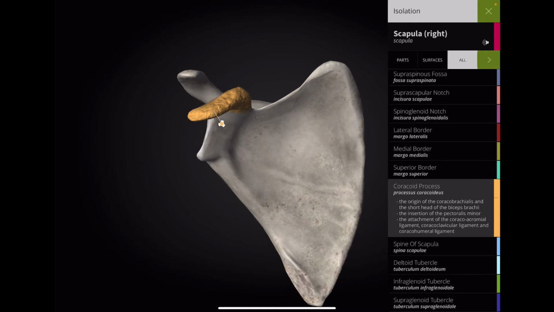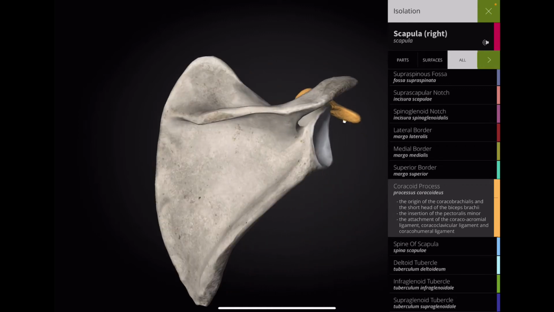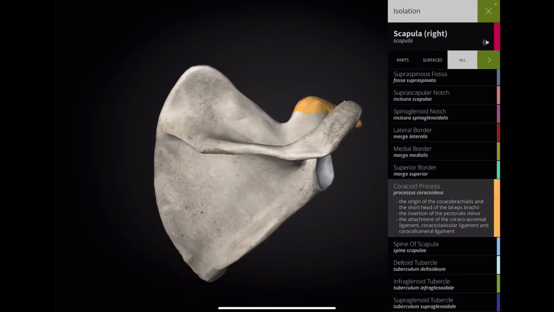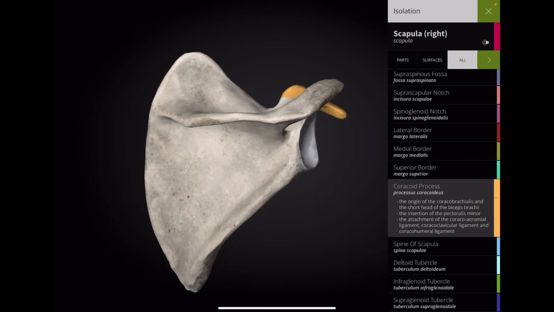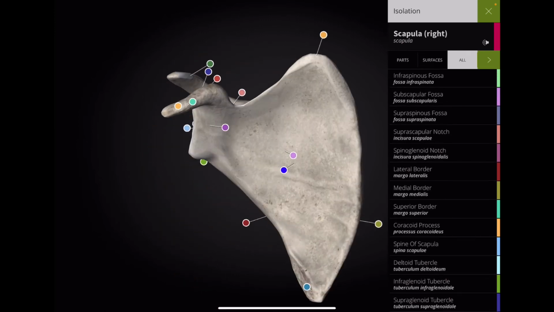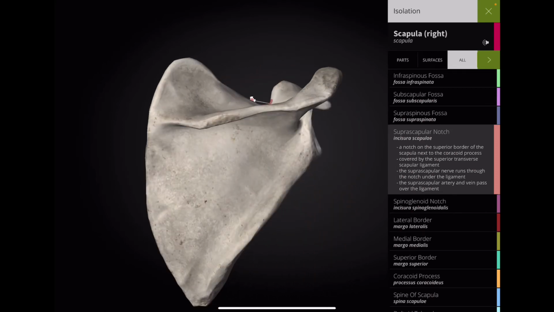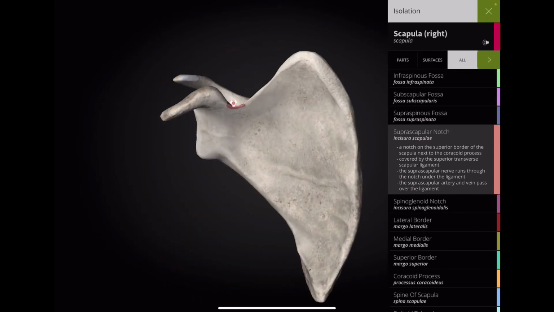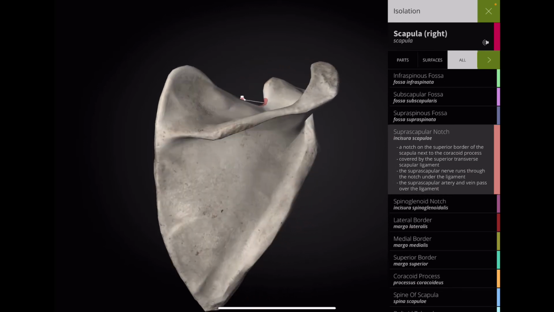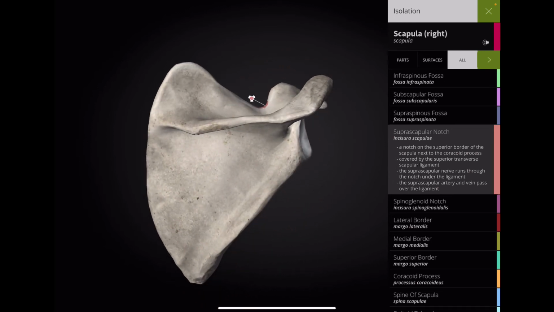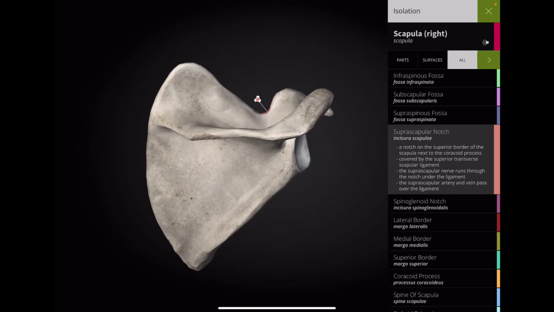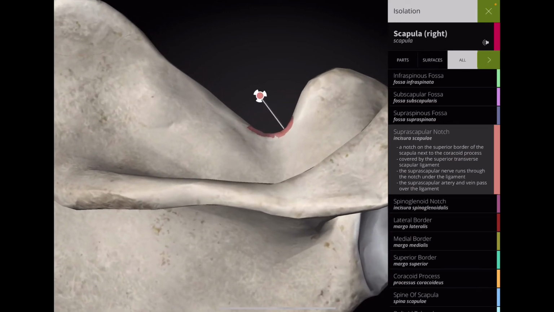So there are two important notches within the scapula that you need to know about, and those are the suprascapular notch and the spinoglenoid notch. So let's have a look at them from both sides. Normally you typically tend to see the suprascapular notch from the posterior aspect. And what you find here is a ligament called the superior transverse scapular ligament.